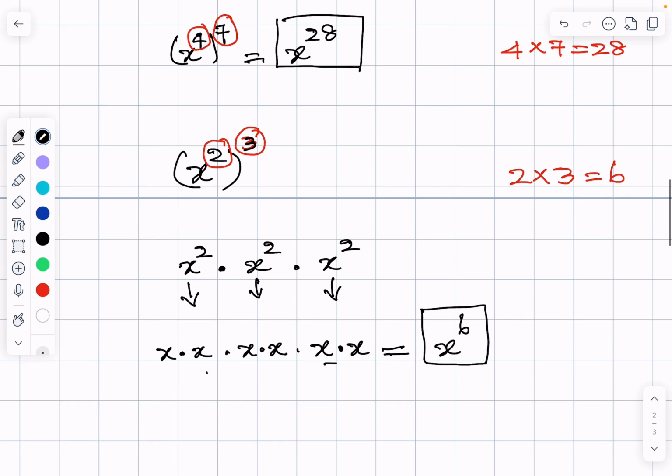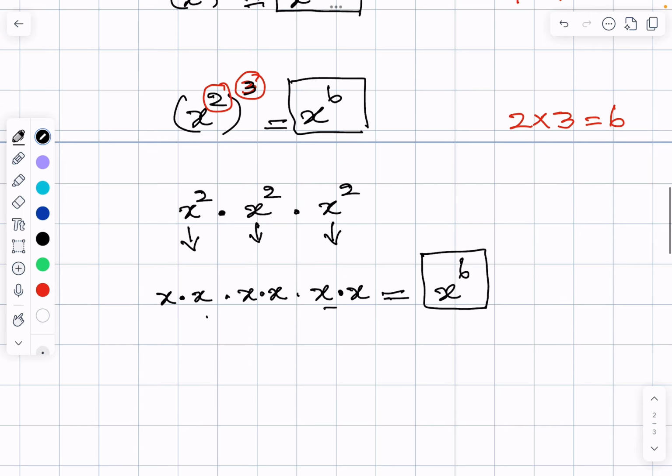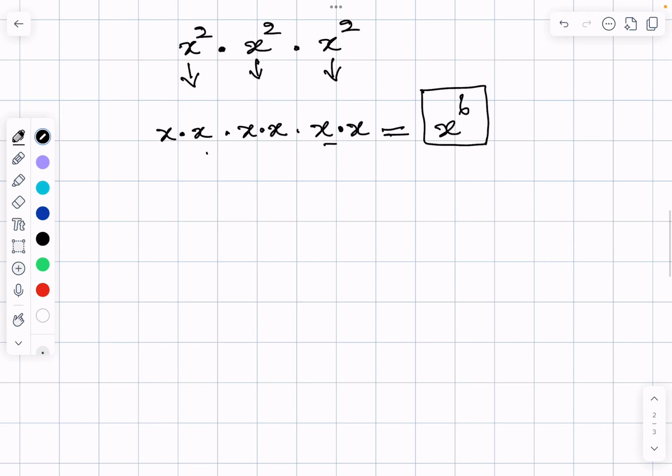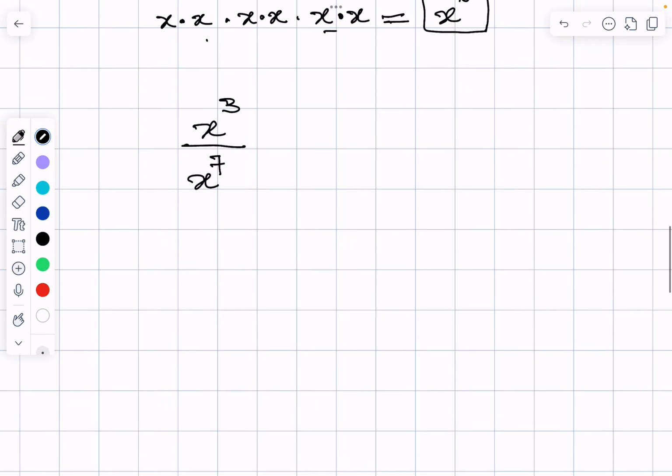So, okay, let's go to the next question. Next question is x to the 3rd power divided by x to the 7th power. Now, subtract the exponents.